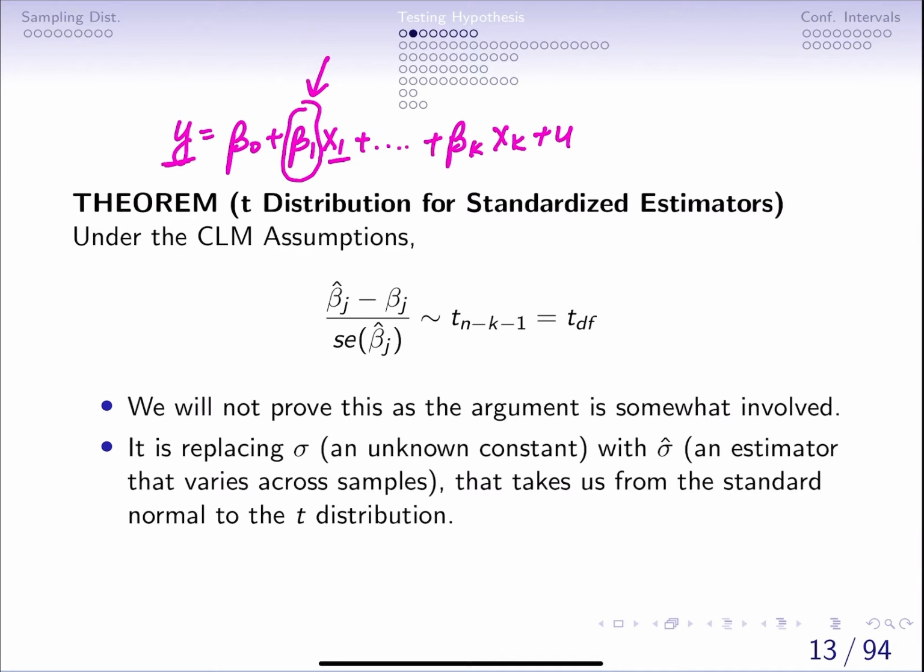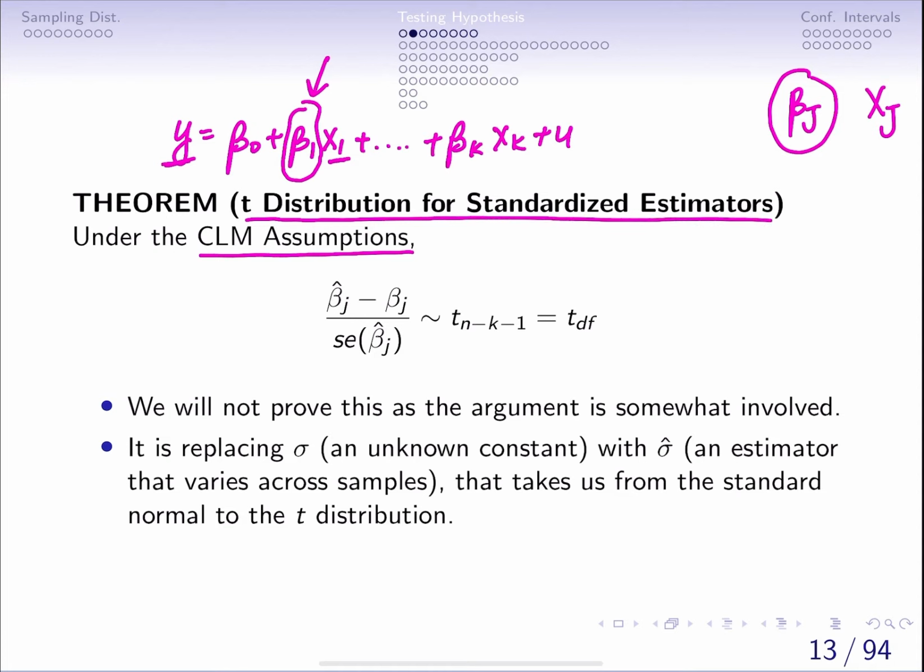Okay, so here we are just going to use beta j to denote the effect that any xj has on y. This is just a more generic way of writing your slope coefficient, for instance. So under the classical linear model assumptions, we can write down what the t distribution is for our standardized estimators.